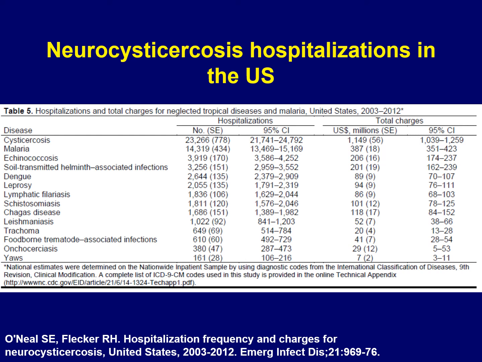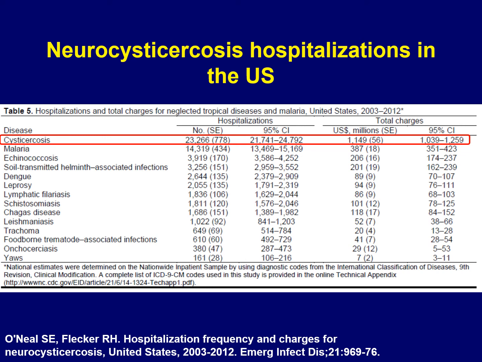This was some work that looked at hospitalizations and total charges, the financial charges related to these hospitalizations, in the United States from 2003 to 2012. They found that there were over 23,000 hospitalizations related to cysticercosis and over $1 billion in charges related to cysticercosis.